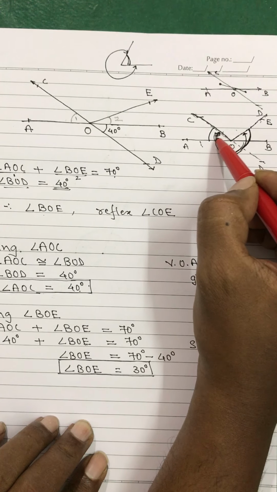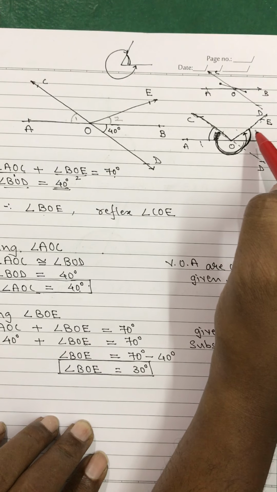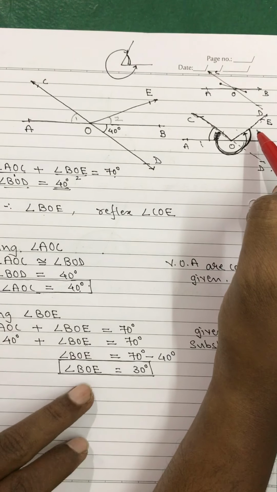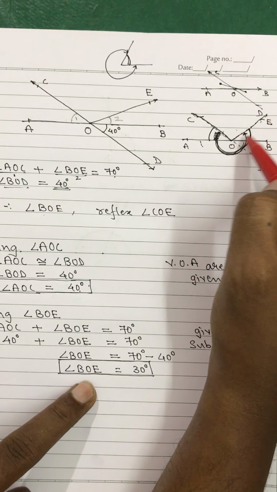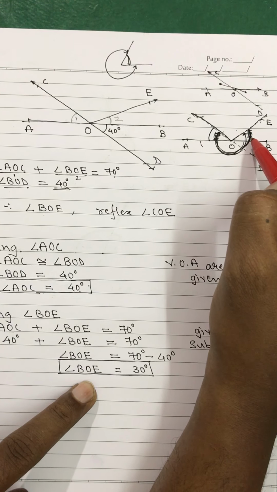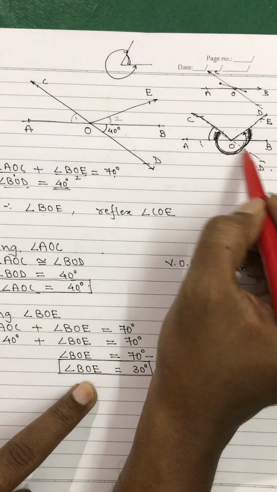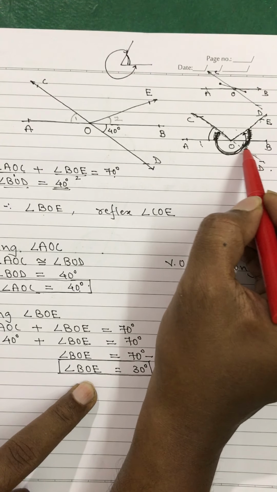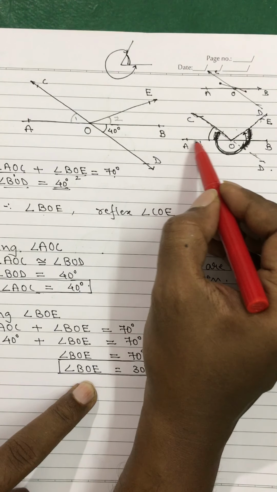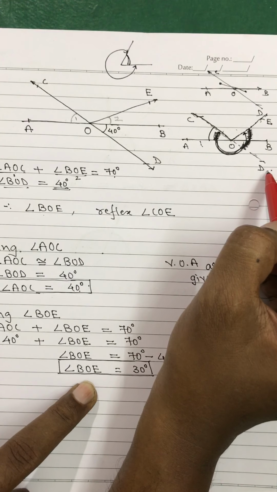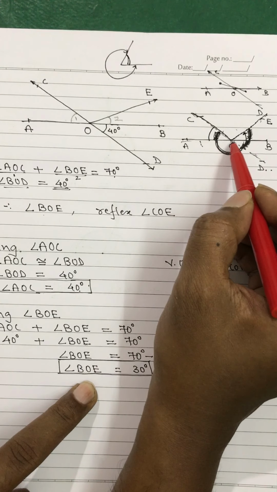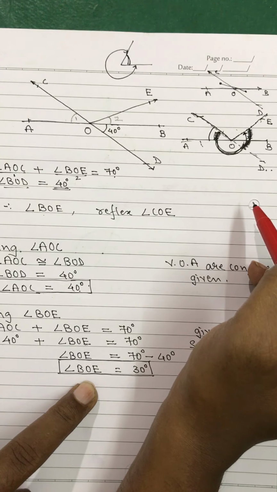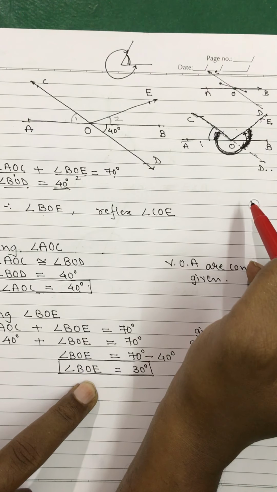You have got BOE, which is up to here, and you also have BOD, meaning you also have this. But what is remaining is this, AOD. AOD is remaining. How do you get AOD?